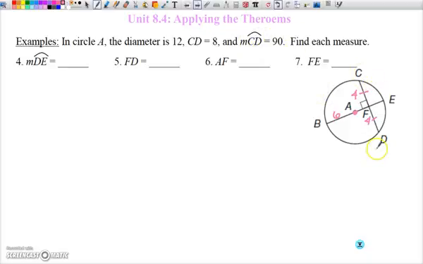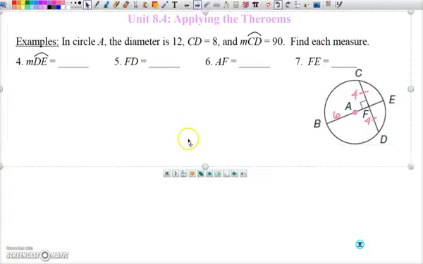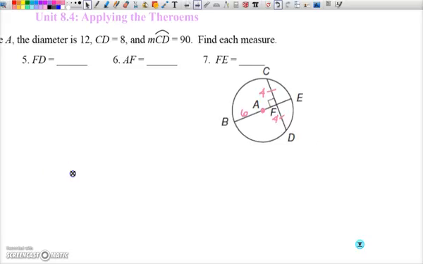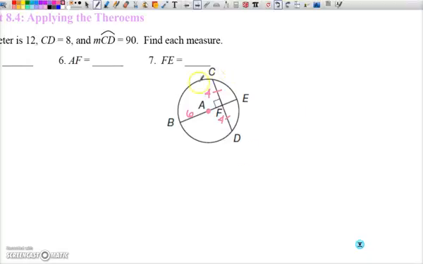Then measure of arc CD. From here all the way around to there is 90 degrees. Actually, I have to shift this over because my pen won't write over that far. I'll shift it back in a minute. So from C all the way to D is 90 degrees total.